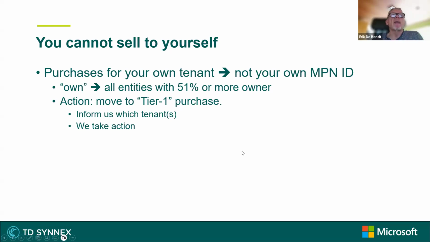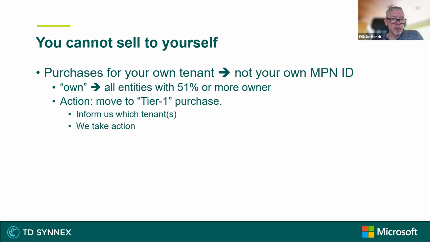That's basically why. What does Microsoft mean by own tenant? So for every entity, every company you have where there is 50% or more ownership from the same owner group or owners, then it's considered as being your own tenant. And then you're not allowed to buy in a tier 2 program.